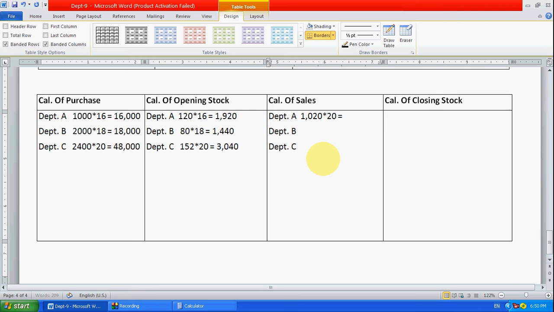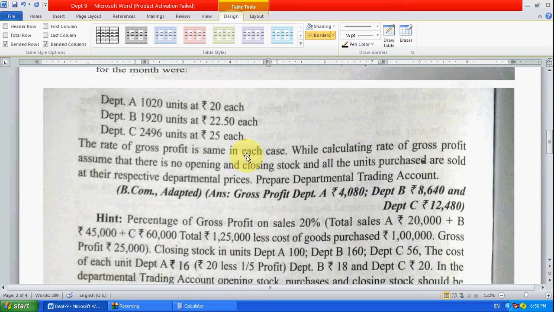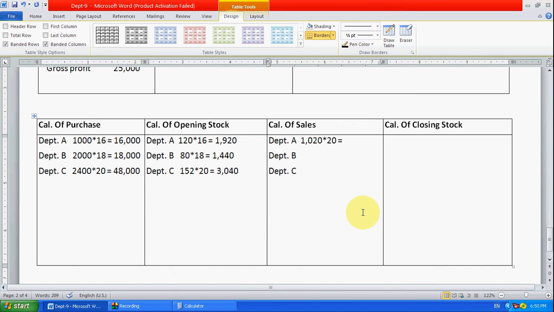In the second one, see, 1920 at 22.50 paisa, so 1920 into 22.5 is equal to.